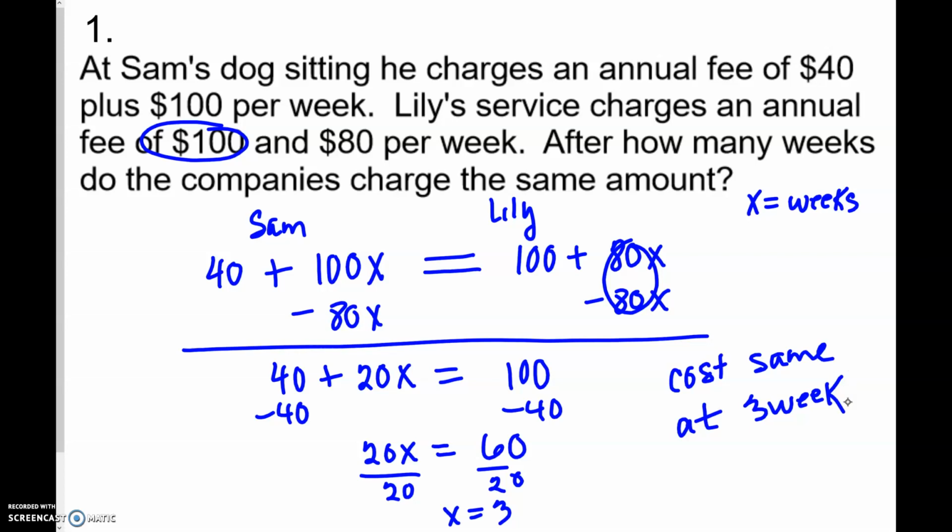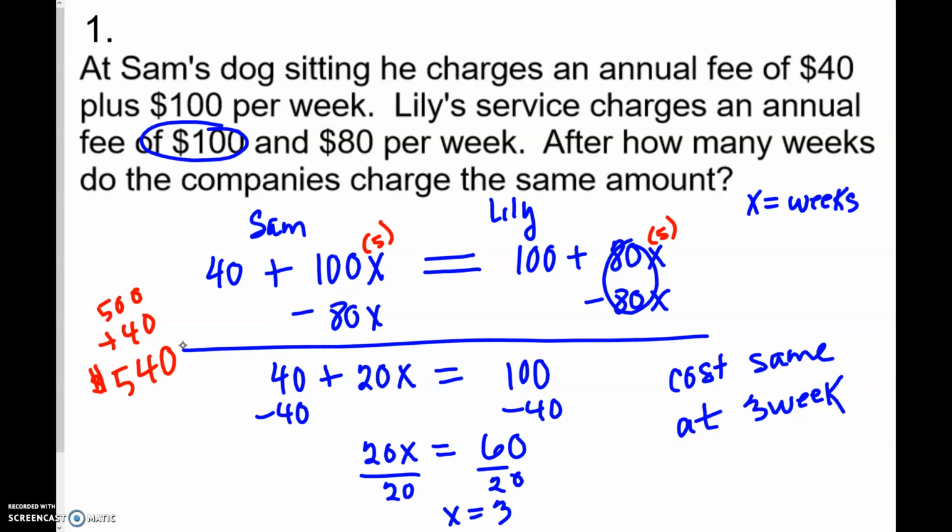So if you know you're going to need the services for 5 weeks out of the year, now who's going to be better? If you're going to do 5, so that means we're going to put a 5 in here for Sam, and you're going to do a 5 in here for Lily. And let's just see what the cost is. So 5 times 100, it'll be 500 plus the 40. So Sam would be $540.